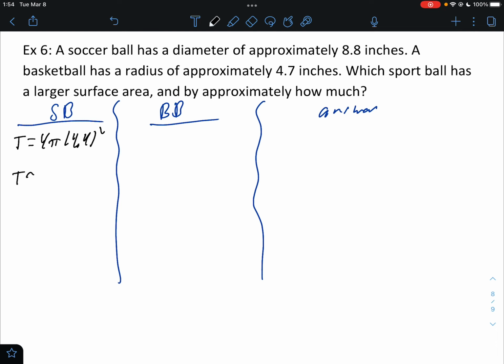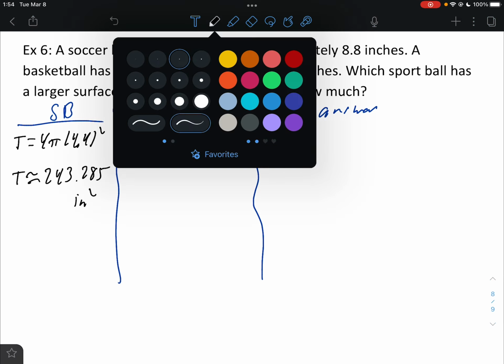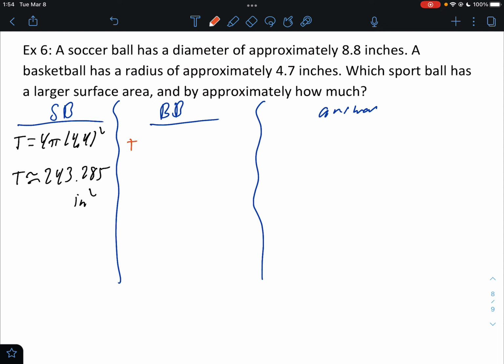And our answer is approximately 243.285 square inches. The basketball is going to be T equals 4 pi times the radius 4.7 squared. So typing all that in, the basketball is 277.591 square inches.